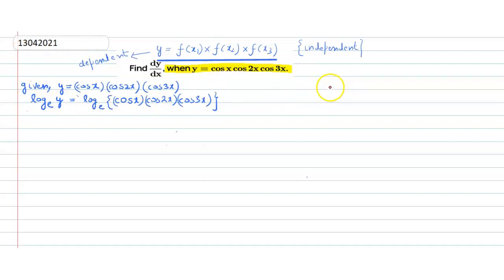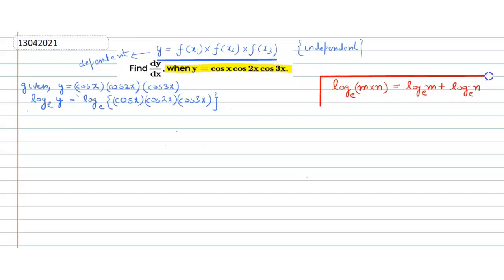Let's recall the basic property of the log that we learned in previous classes: log base e of m times n is equal to the sum of the logs, log base e of m plus log base e of n.